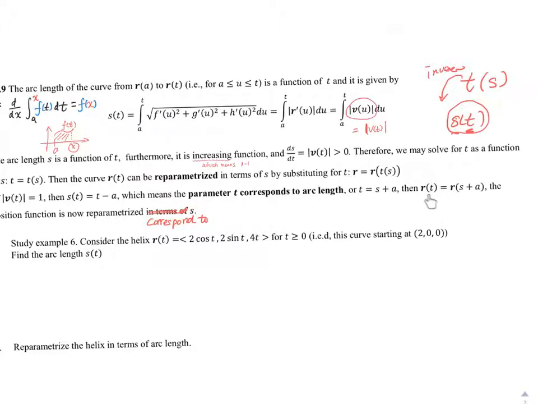You see that originally the parameter is t, now the parameter is s. So when you do this change, the function is now parameterized in terms of s. To be precise, it's now reparameterized corresponding to s, because for every unit change in t, there's only the same unit change in arc length.